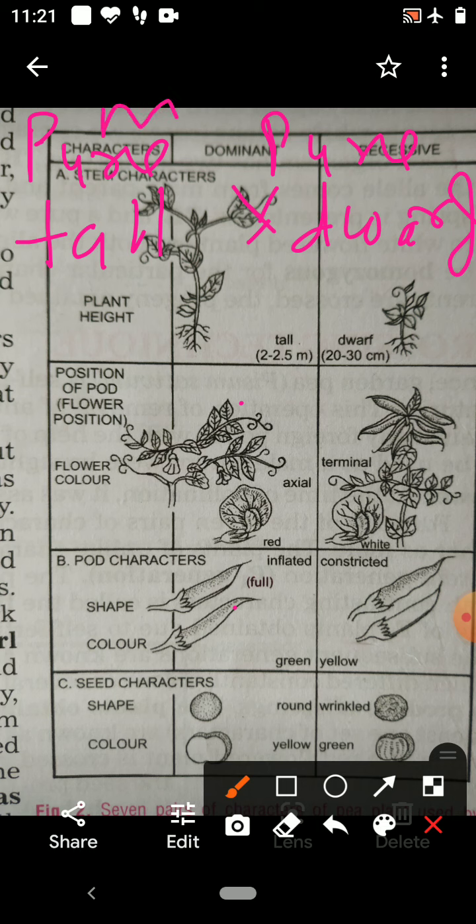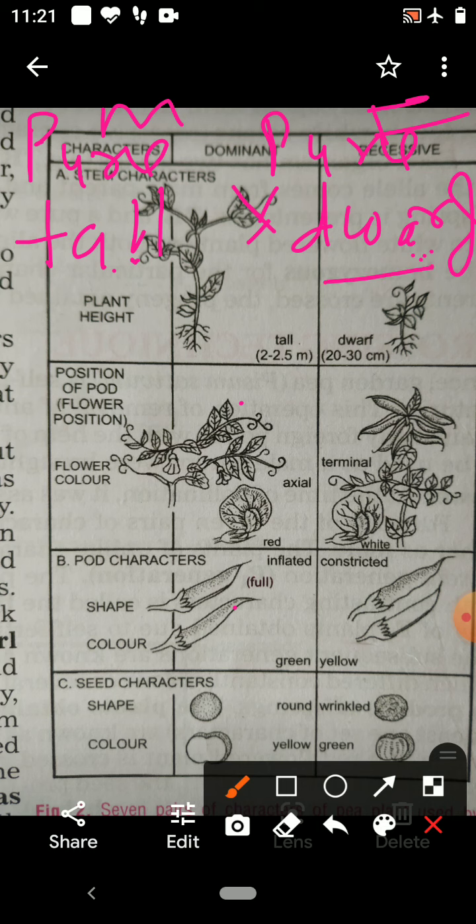This is the male plant and this one is the female plant. It means the anther of this pure tall plant has to be transferred onto the stigma. But the flower of the pure dwarf plant is bisexual. It means male and female both parts are present in the same flower.